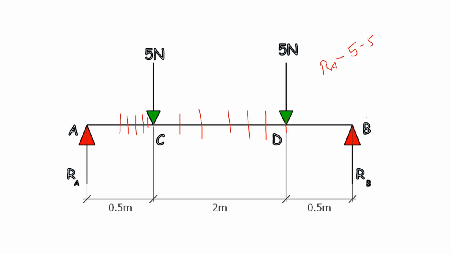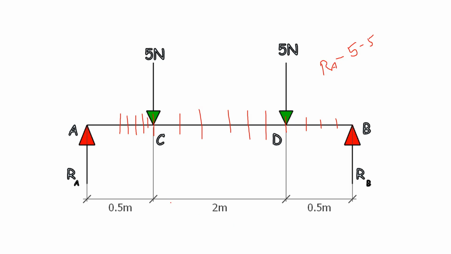As you go on continuously, at this point it will be RA minus 5 minus 5. Similarly, you can also identify the bending moment.